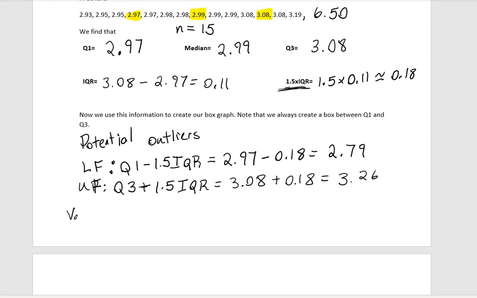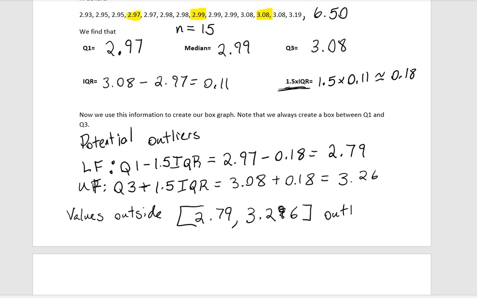What this means is that values outside this range are going to be outliers. So let's look at our data and see if we can determine if we have an outlier.